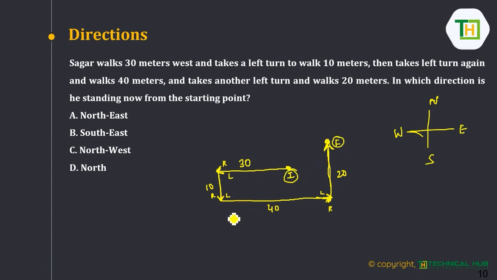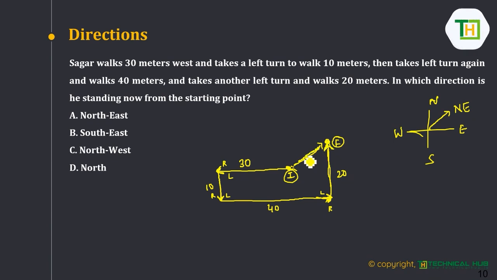Now what's the question? In which direction is he standing now from the starting point? So this is the starting point. If I see him from the starting point, in which direction is he standing? So from the starting point, he is standing in this direction. So what is in this direction? See, this is the direction in between north and east. So that is the northeast direction.